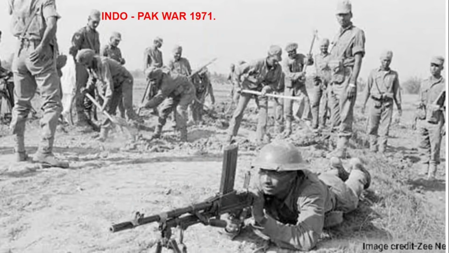The Indo-Pakistani War of 1971 was a military confrontation between India's Mitro Bahini forces and Pakistan that occurred during the Liberation War in East Pakistan from 3rd December 1971 to the fall of Dhaka on 16th December 1971.